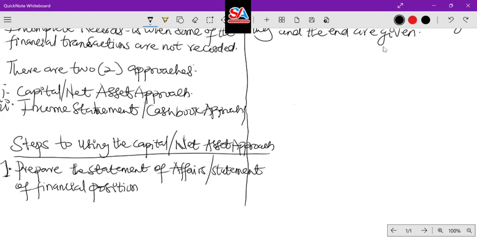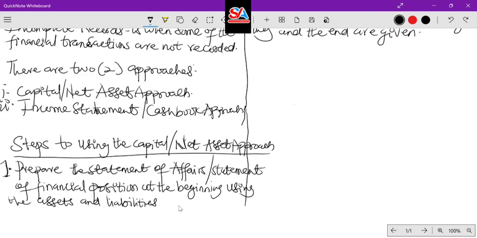So prepare the statement of financial position at the beginning, using the assets and liabilities at the beginning only. That is the first point.